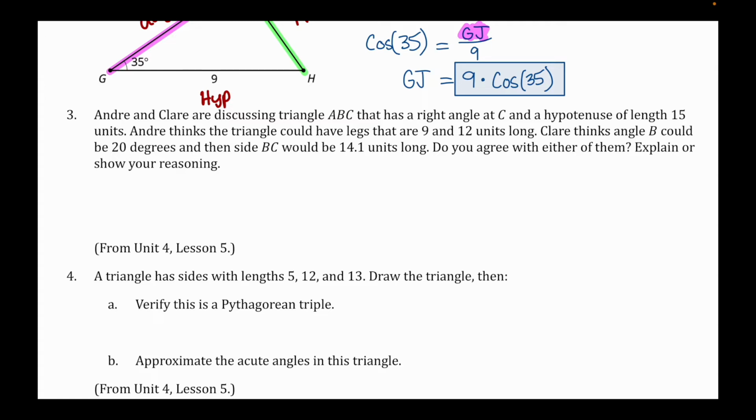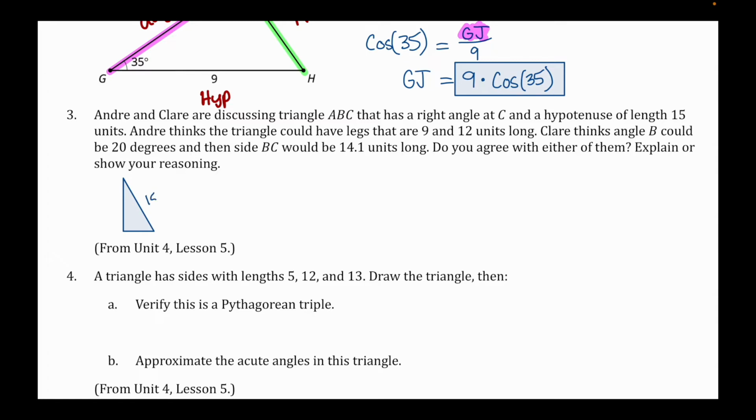So let's look at the 3 sides first. So that would be Andre's, the legs that are 9 and 12. So that would mean specifically that Andre's triangle would look a bit like this one.